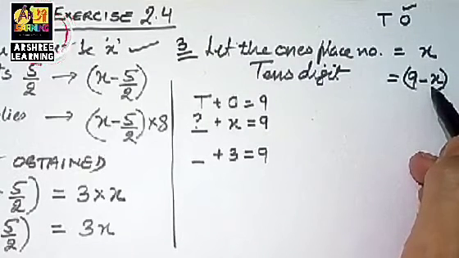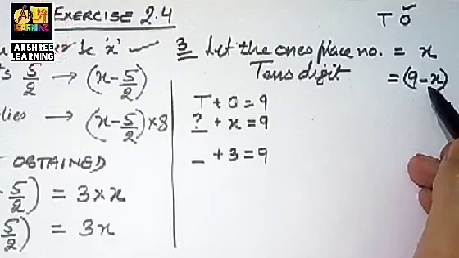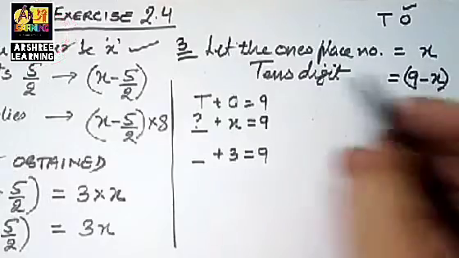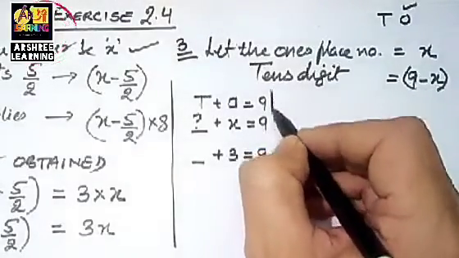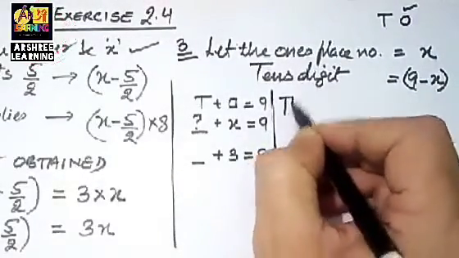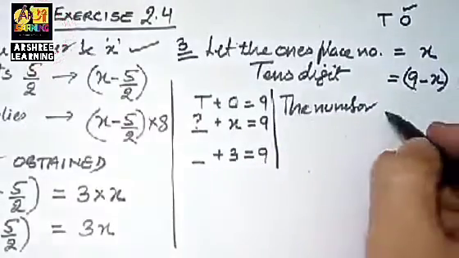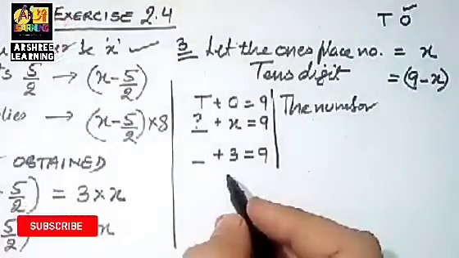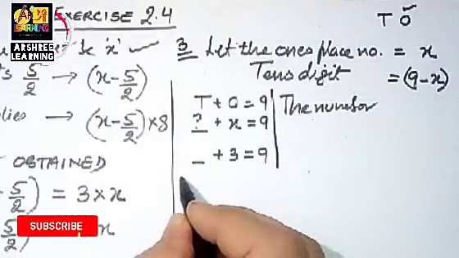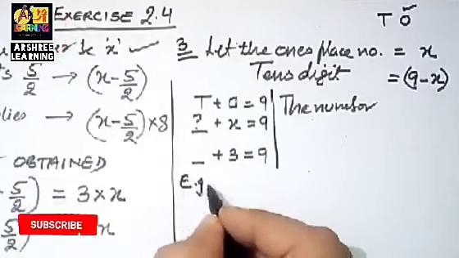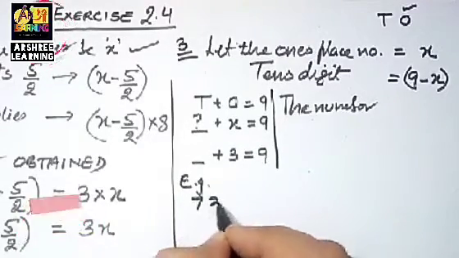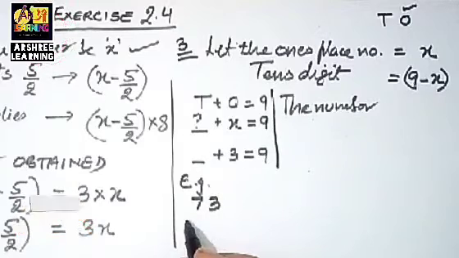Okay. Now since it is a two-digit number, it will have a tens place and a ones place. Therefore now we will write the number. How will you write a two-digit number? This is an example you see. If there is a number 73, how do you write 73?